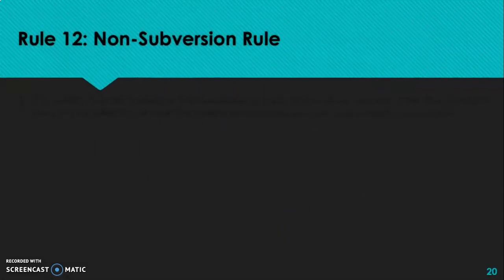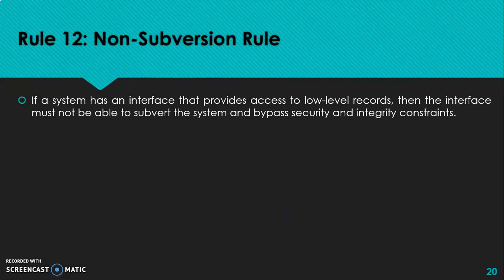And the final rule, that is rule number 12, is the non-subversion rule, which says that if a system has an interface that provides access to the low-level record, then the interface must not be able to subvert the system or bypass the security and integrity constraint.